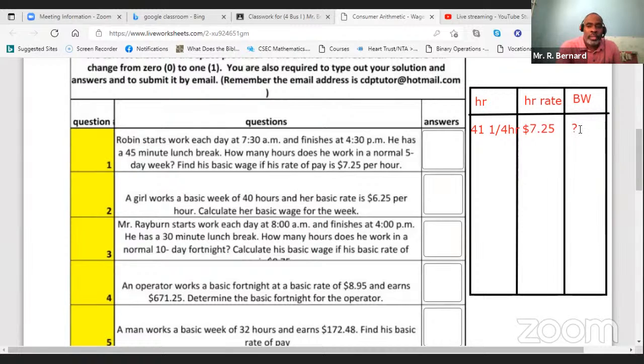So the answer would have been, you don't have to write the dollar sign actually, 299 and 6 cents.